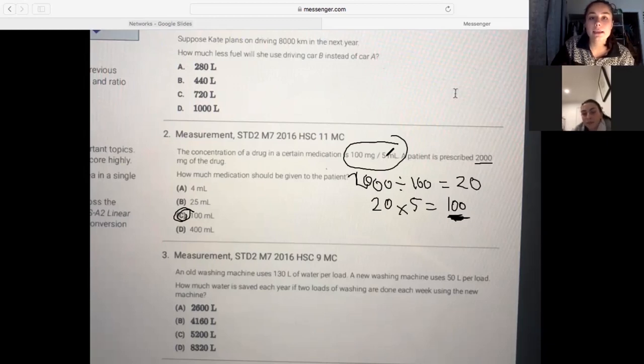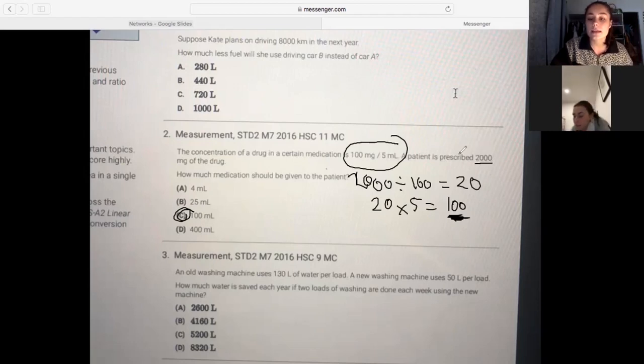So if I had 5 milliliters of the Panadol, in that 5 milliliters would be 100 milligrams. But this kid needs 2,000 milligrams. So we need to figure out how much Panadol that would be. If there's only 100 milligrams in 5 milliliters, we need 100 milliliters to get us 2,000 milligrams. Does that make sense? Okay.